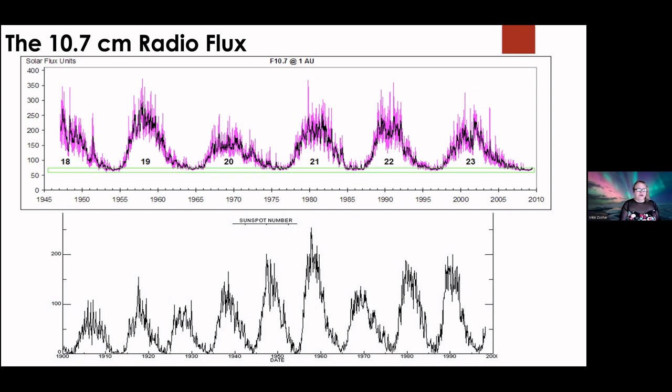And if you compare it with the sunspot numbers below, it totally correlates, or at least is pretty close to it. So that's a really good indication of solar cycles, sunspot numbers, and solar activity at the Earth's distance, which is 1 astronomical unit.